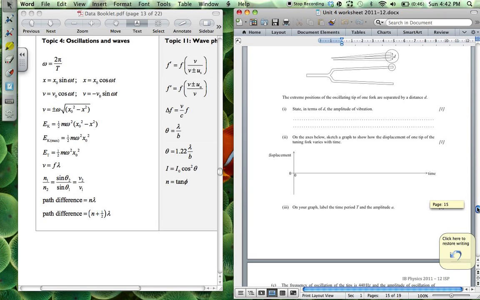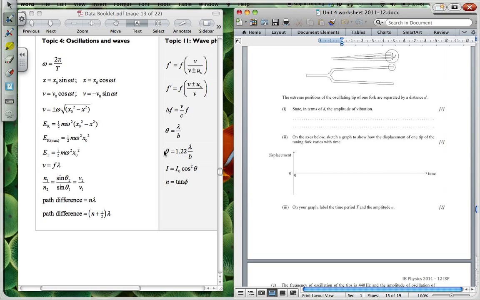Now, it then asks on the axis below, we need to sketch the graph of displacement against time. If I look at my formulas here, I'm going to be using either one of these two, because here I've got my displacement, my x, and my time. I could use the cosine or the sine, so it's basically a sine graph or cosine graph.